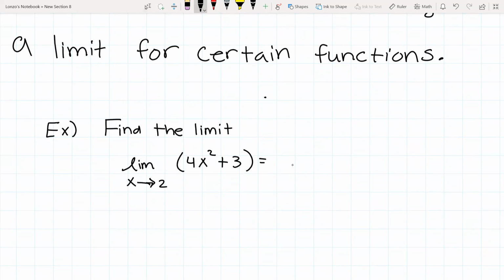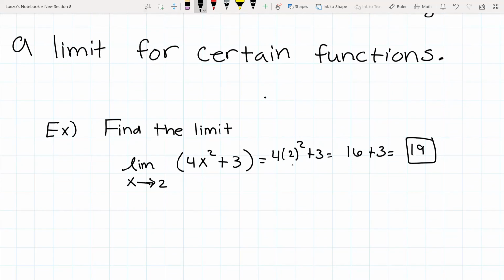This is a simple one. If you want to get a number, that's the goal of getting a limit. If you substitute 2 into the function, 2 squared is 4, 4 times 4 is 16, plus 3 is 19. So the limit as x approaches 2 is 19.